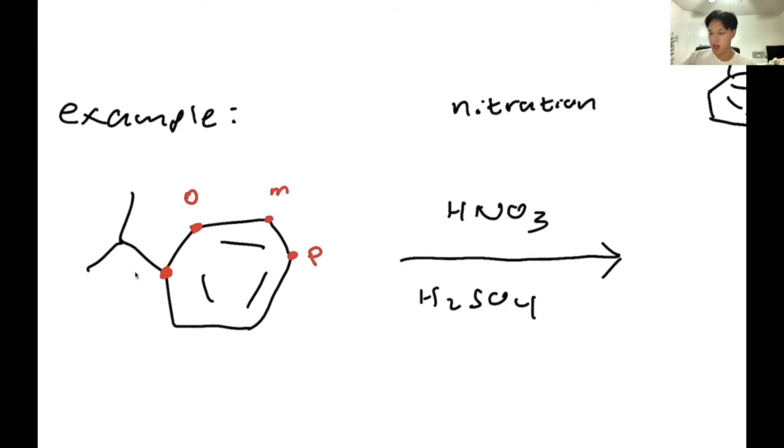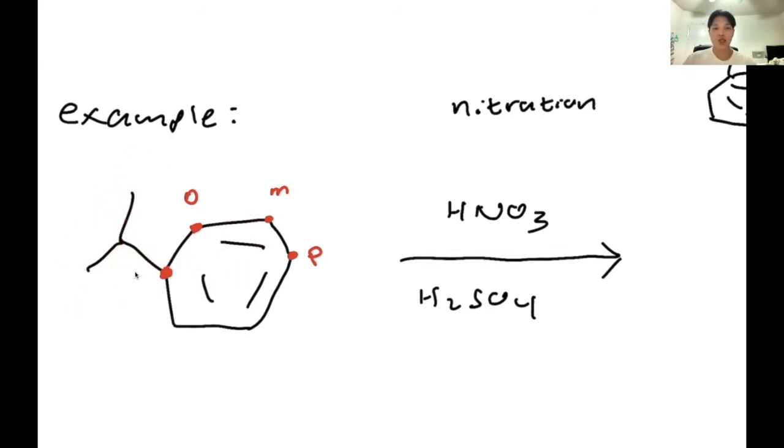So let's take a look at this. Is this going to direct ortho para, or is this going to direct meta? Is this a strong activator, an activator, or a deactivator? Well, if you think about it without looking at the chart that I gave you up top, this is going to donate electron density to this benzene ring through hyperconjugation, which makes it an activator.